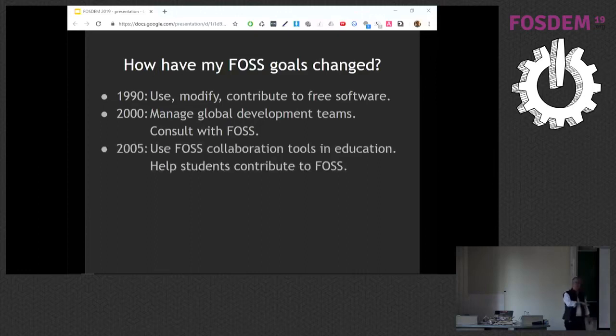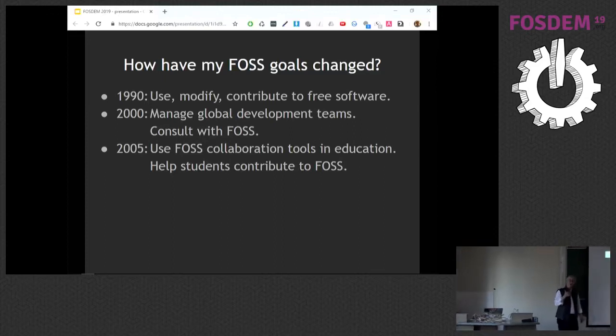A bit later, I came back to academia, and now I started thinking, how can we use these tools in education? I realized that students needed more experience, and FOSS tools could be a way to do it. How can I get students involved in this?